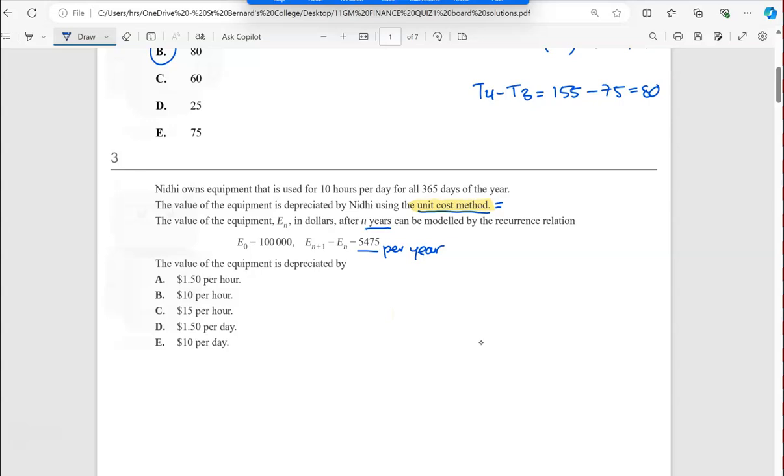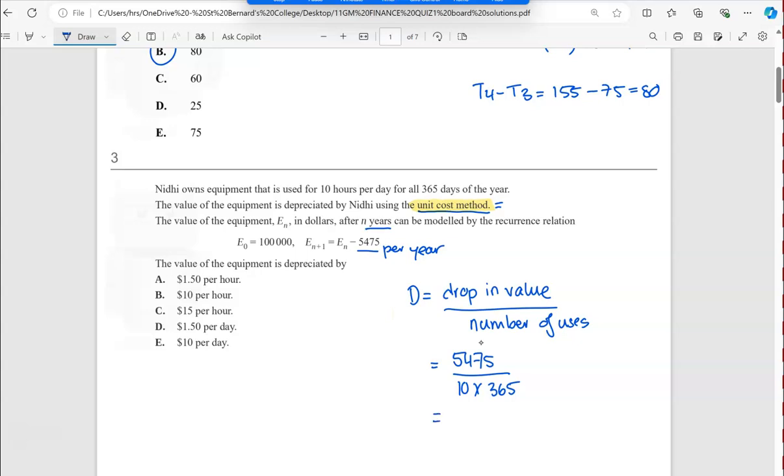So if you look at your formula, D equals the drop in value over the number of uses. So it's dropping by 5475 in the year. And how many uses? It's 10 hours per day. So 10 times 365 times a year.